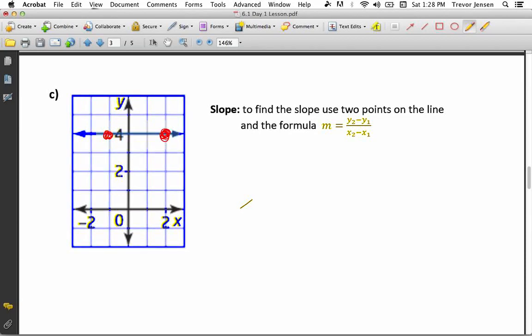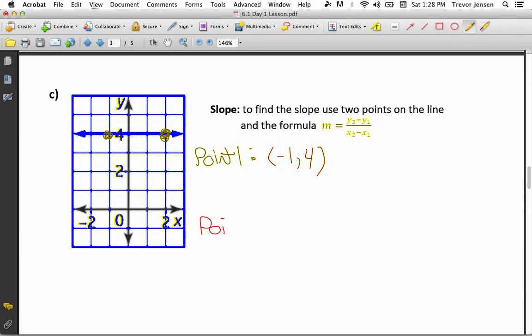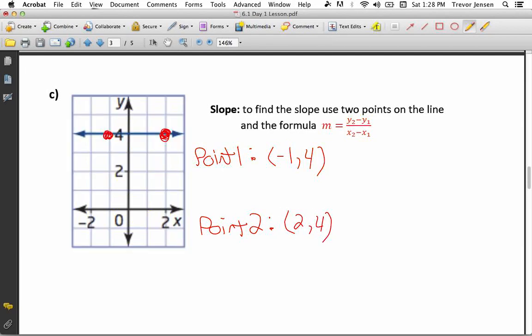The coordinates of those points: I'll say my first point, point 1, was at -1, 4. And my second point, point 2, was at 2, 4. My first point I'll call x1, y1.